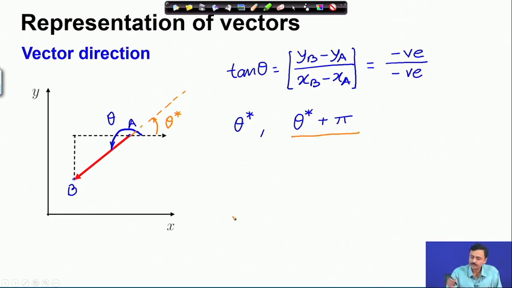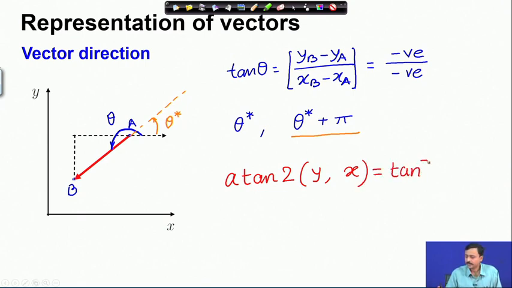In order to take care of such things, there is a function called A tan 2, which is nothing but tangent inverse of y by x. In most programming languages and in computational softwares, you have this function A tan 2, and it takes the numerator and denominator separately for obvious reasons.